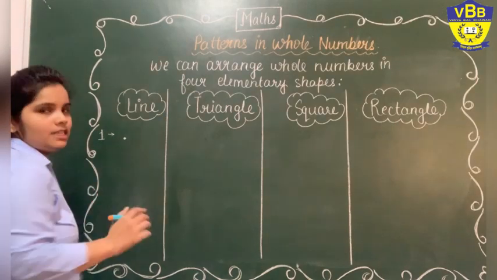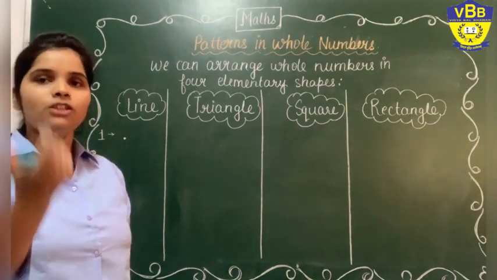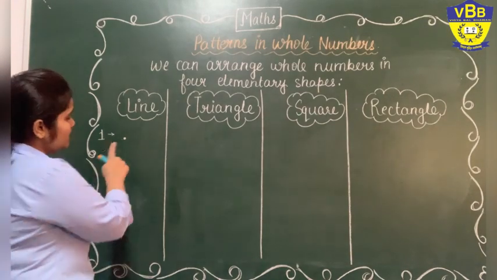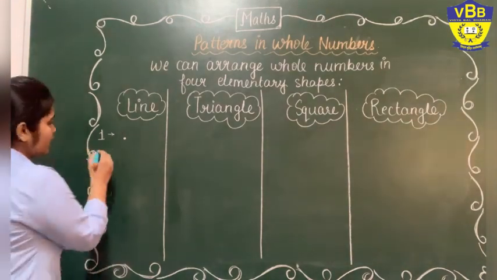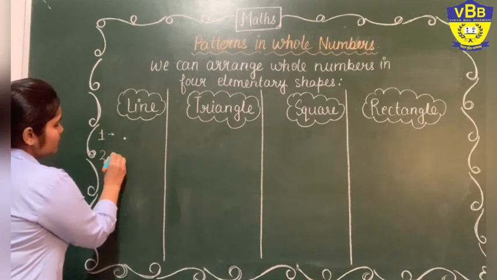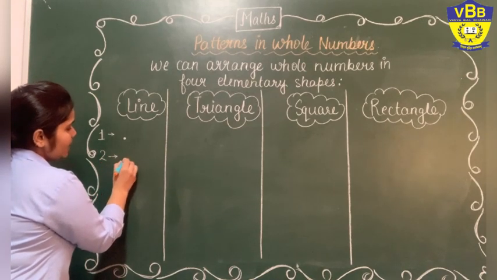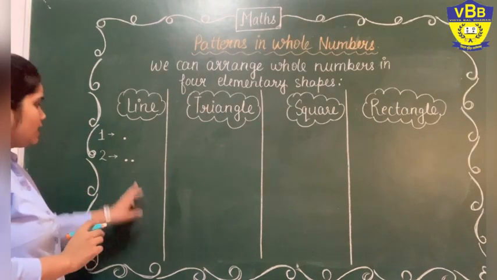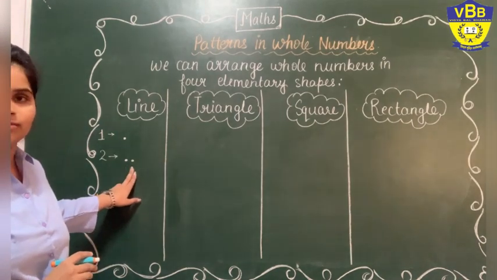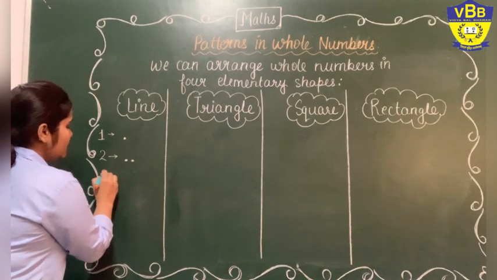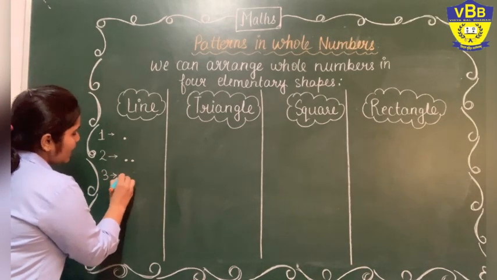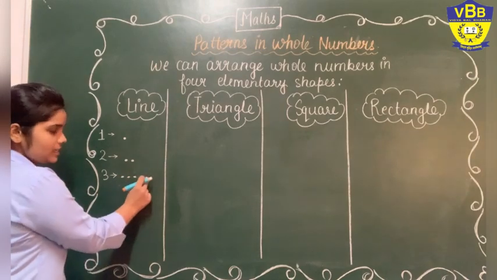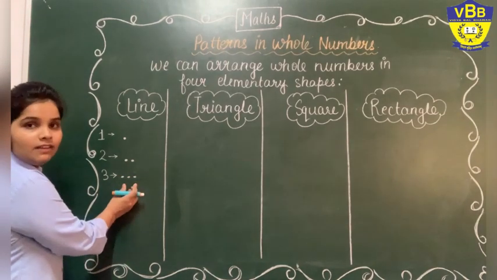Suppose I am representing the whole numbers using dots. 1 is represented by 1 dot, it can be considered as a line. 2 is represented by 2 dots in this sequence, again a line. 3 is represented by 3 dots in a single line. 4 is represented by 4 dots, again forming a line.